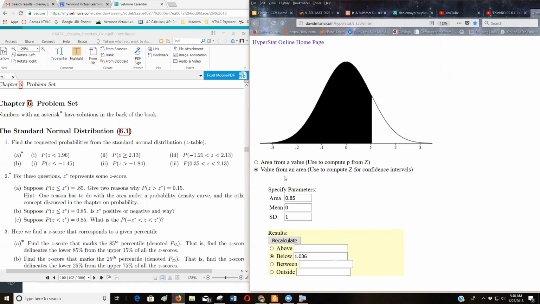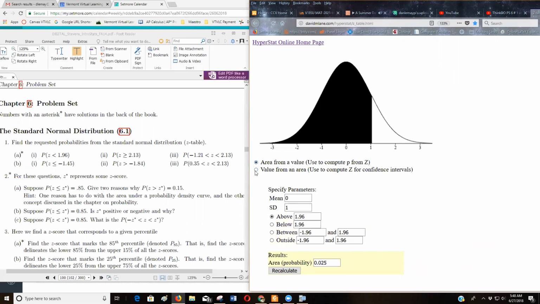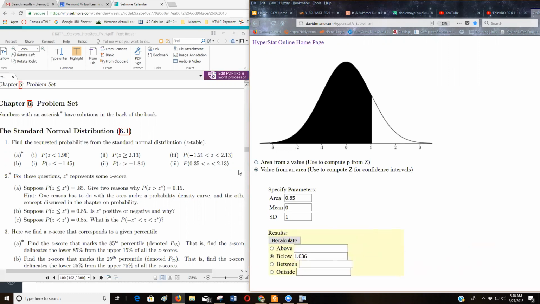So I'm out at the David Lane applet that I've been telling you about, and I selected value from an area. I don't want area from a value because I have the area. I have that the area is 0.85 to the left. So basically what I've got to do is find the z-score that cuts off that bottom 85%, with a mean of 0 and standard deviation of 1, because I'm on the standard normal curve.